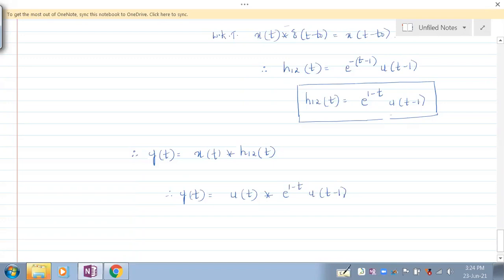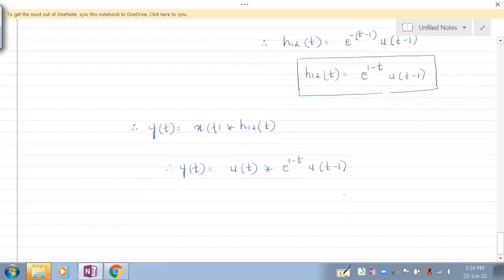So this is the response of the system. Understand? You can further go on to obtain y of t, but since we are dealing with the interconnection of systems, we can just say this.